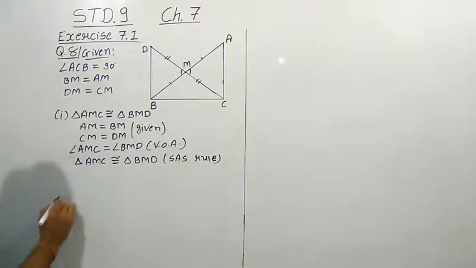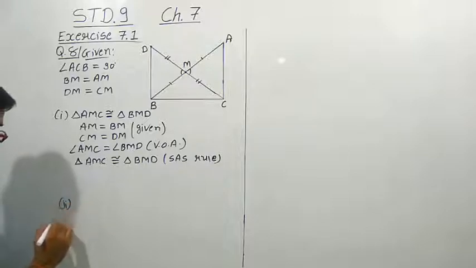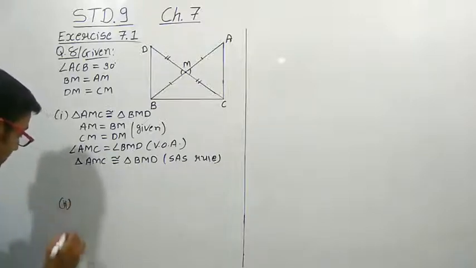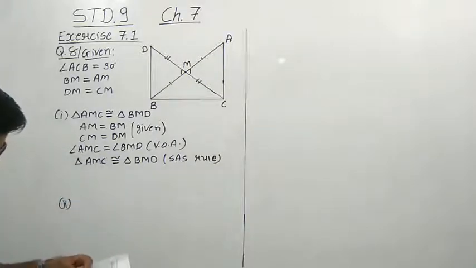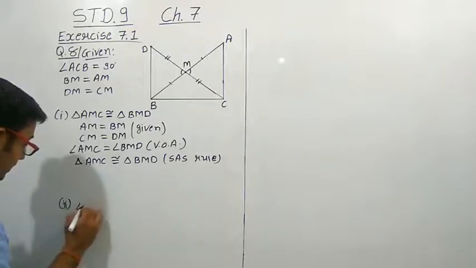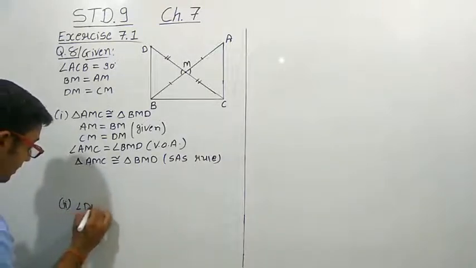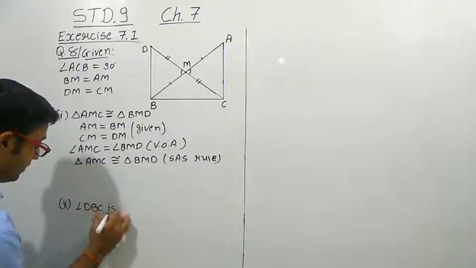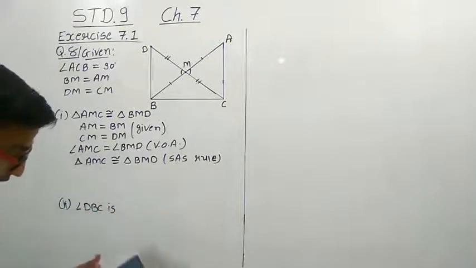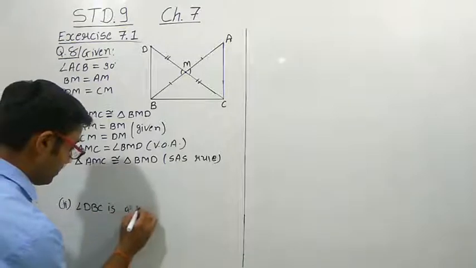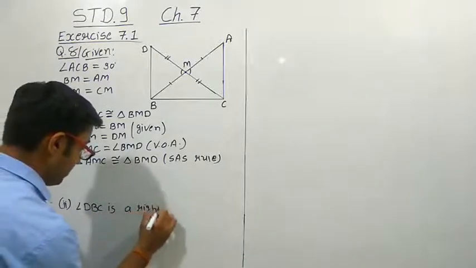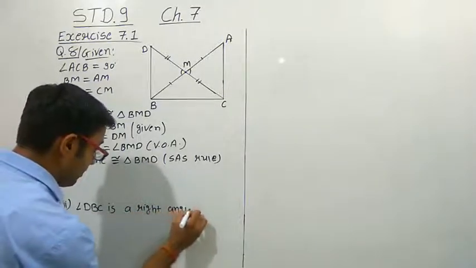Now, the second thing we have to prove here is that angle DBC is a right angle.